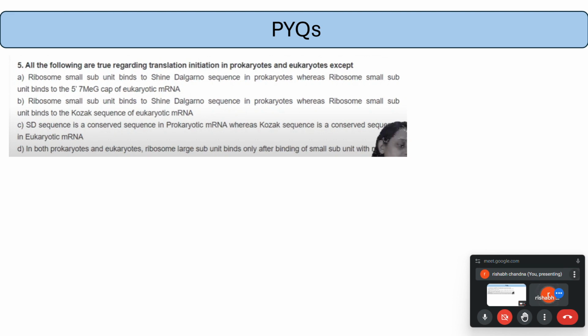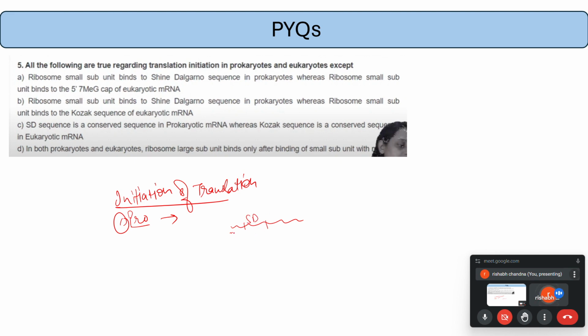Okay, so let's go back and revise what was the initiation in prokaryotes. So first, prokaryotes. So what happens? This is the mRNA. Here we have the Shine-Dalgarno sequence.